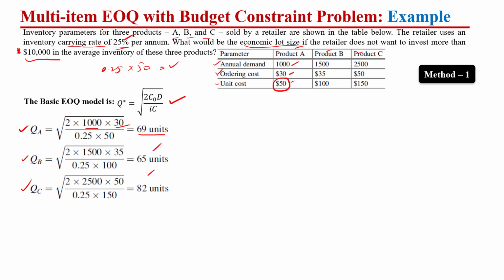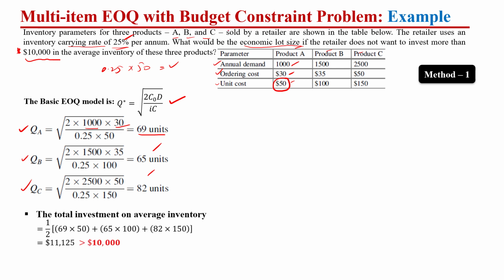Now we need to check what is the total cost we are going to bear. If we calculate the total cost, that is going to be the average total cost, which is basically 1 by 2 into Q for the particular product 1 multiplied by the unit cost. So that is the product cost.